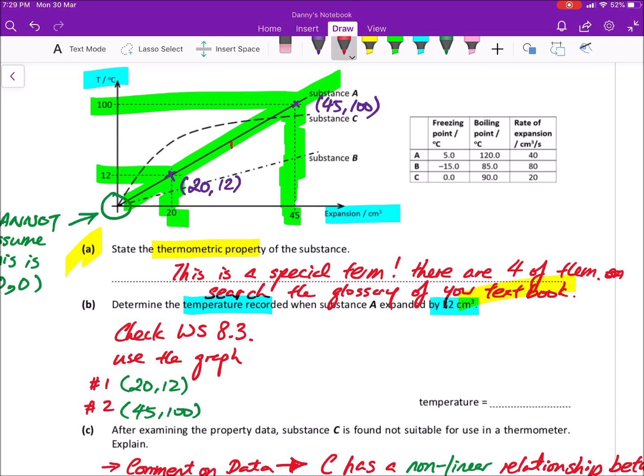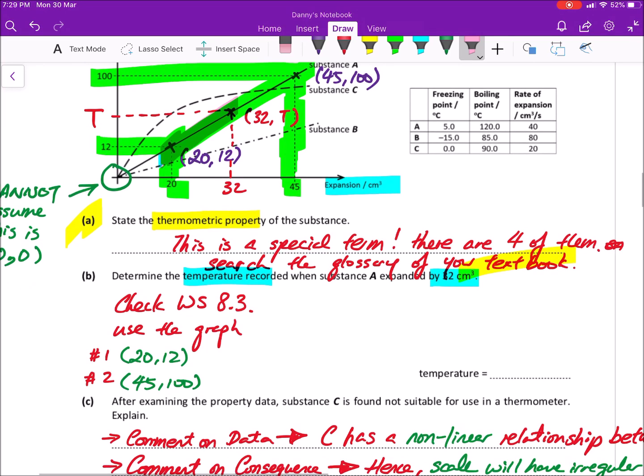So it is similar to a math question. When I have 32 here, I want to know what the temperature is over here. Down here, I would have another set of coordinates, 32, T. Since it is a straight line, the gradient from this point to this point will be the same as the gradient from this point to this point.